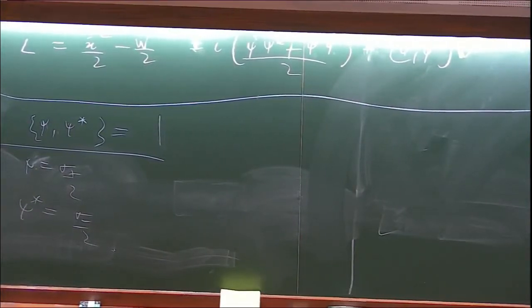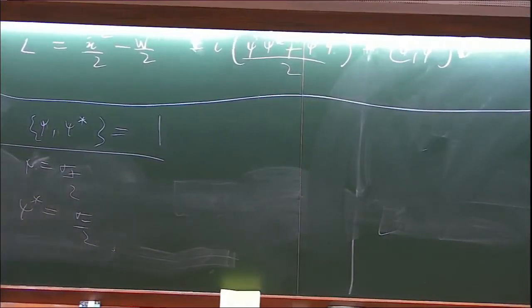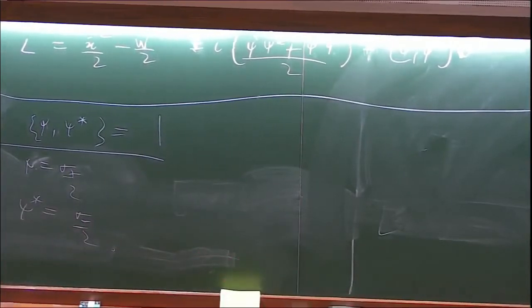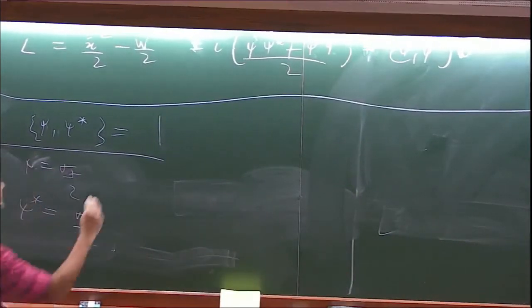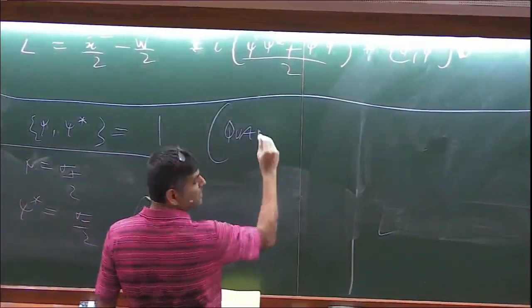The quantization of that theory produces the two-state system. And it produces it in this way, that it turns psi into the operator sigma plus by 2, and psi star into the operator sigma minus by 2. This anti-commutator is at the quantum level, correct. This is a quantum statement of operators.